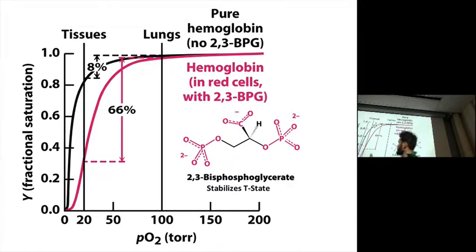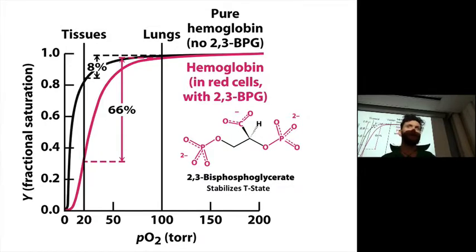offload. And it moves us from this 40 part per million, which is not indicated on this slide, into a 20 part per million range, where we go from about 21% oxygen offloaded, and we move from this shallow part of the curve into a steep part of the curve, where a small change in partial pressure of oxygen is going to lead to a much more significant release of oxygen.